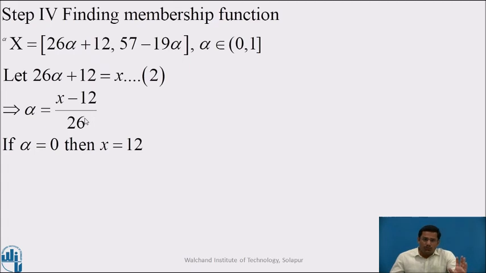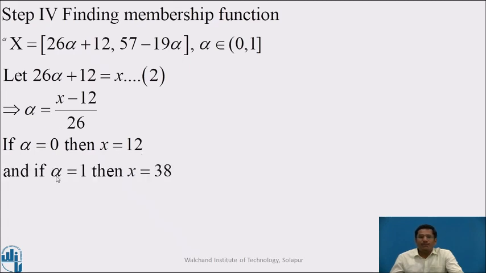To find the range for this stage, we put alpha equal to 0 and alpha equal to 1. If you put alpha equal to 0, you find x equal to 12, and if you put alpha equal to 1, we get x equal to 38. It means that the solution has one stage of (x minus 12) upon 26 between the range 12 to 38.